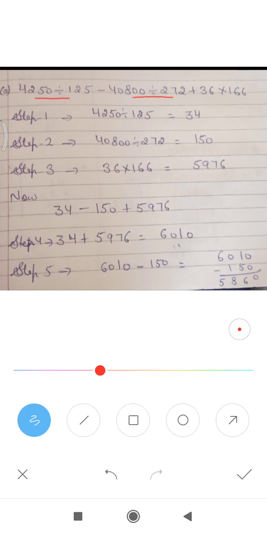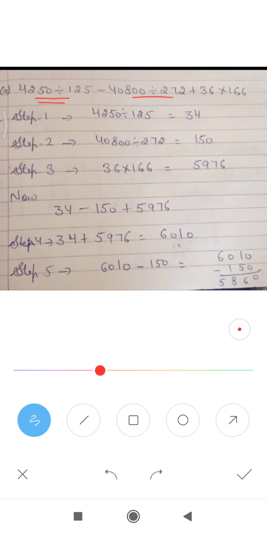Now see division is given here 2 times. First it is given 4250 divided by 125. First we will solve this. We will divide and then we will get 34. In step 2 again we will solve division. What is given? 40,800 divided by 272. When you divide, you will get 150.